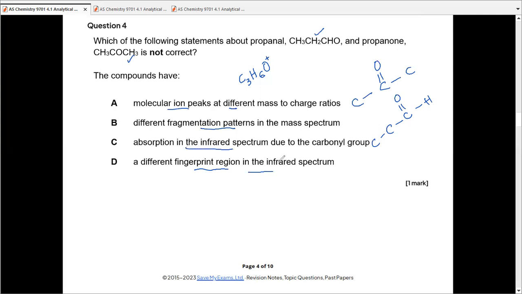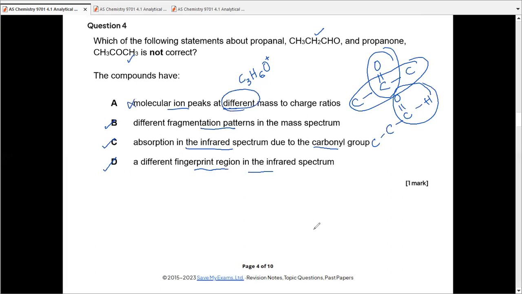And absorption in the infrared spectrum would be different due to the carbonyl group. Yes, the carbonyl group is present in both cases, but it's not just the carbonyl group, it's about the whole functional group that we talk about in both cases. So these three statements are actually correct. This is the only one which was incorrect, and this is the word.